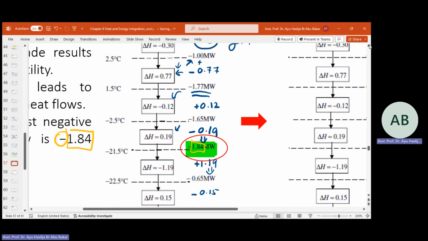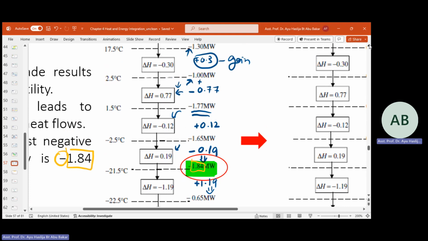Okay, why do we need to do the first cascade? Why do you need to assume 0? Why do you need to start from 0? Because we want to know what is the minimum amount of hot utility that we need to supply.